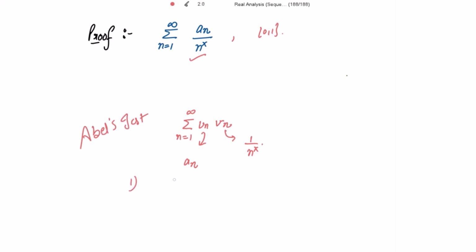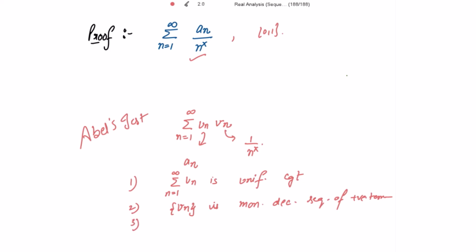First, we have to show that the infinite sum on un is uniformly convergent. Second, the sequence Vn is a monotonically decreasing sequence of positive terms. Third, we have to show that Vn is uniformly bounded. Right? So let's go for the first condition.